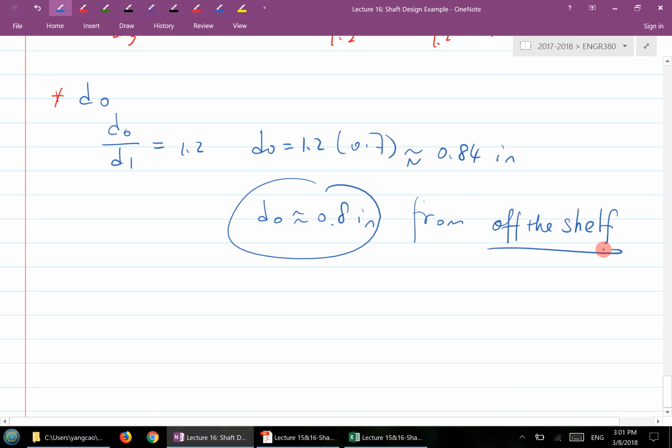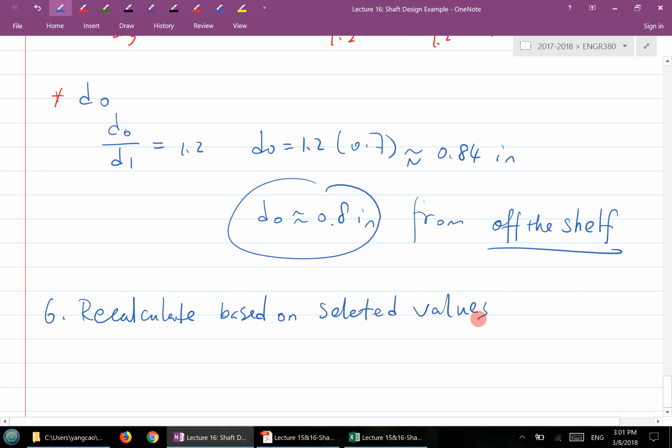With all of these values determined, the last step, number 6, is to recalculate based on the selected values.